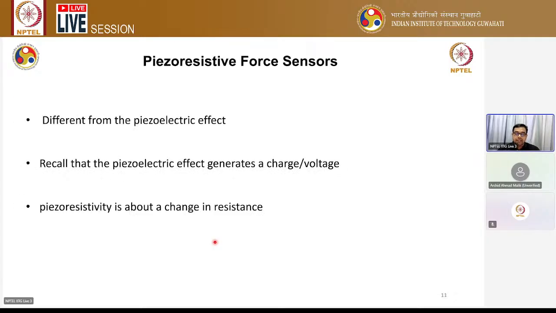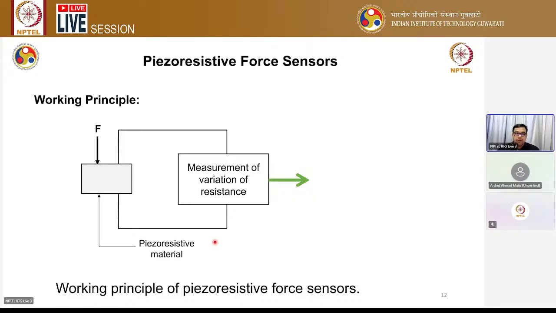Although, as I have mentioned, when it is connected in the Wheatstone bridge configuration you will find that the output is in the form of voltage, that is on top of the resistance change coming from the piezoresistive device. If you remember the working principle of the piezoresistive force sensor, a force was applied to a piezoresistive material, and the output was the variation in resistance, which was measured by some means. That's how you characterize a piezoresistive force sensor.